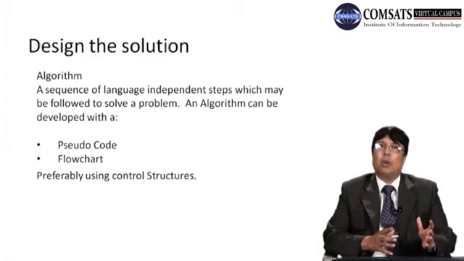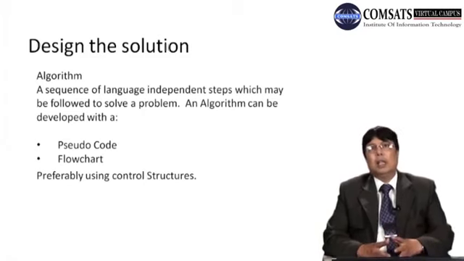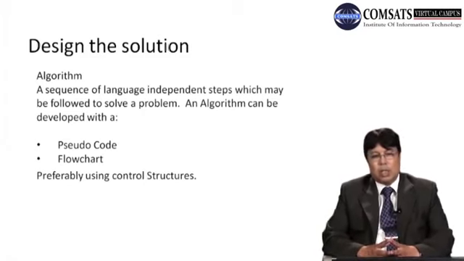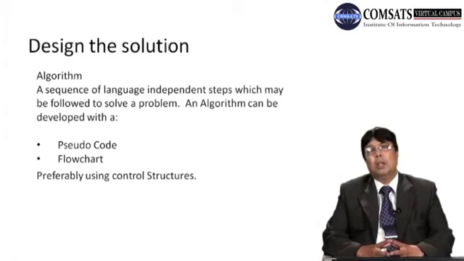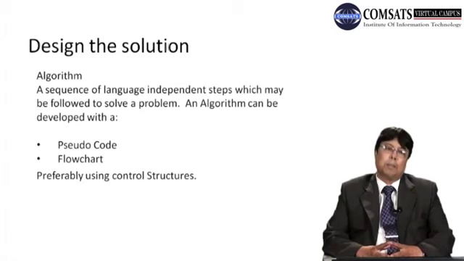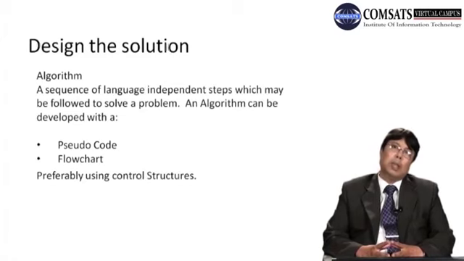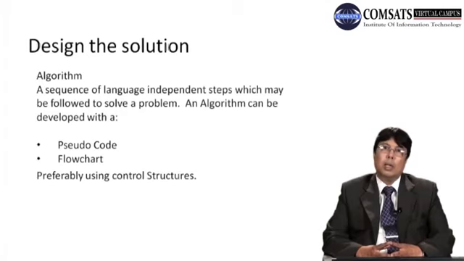Whereas when we talk about algorithms, these are the set of instructions in which you provide the solutions. It usually is not the computer language in which you develop the algorithms. There are two ways in which you can develop the algorithm. One is called pseudocode, the other one is called flowchart.